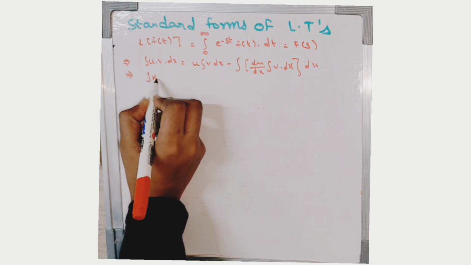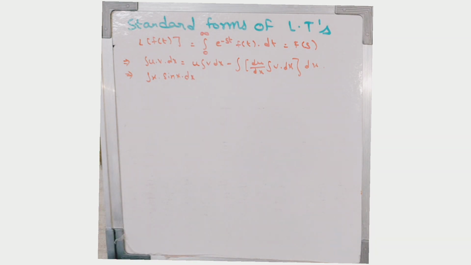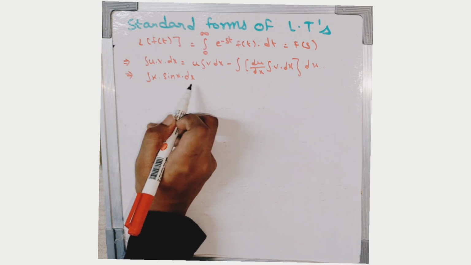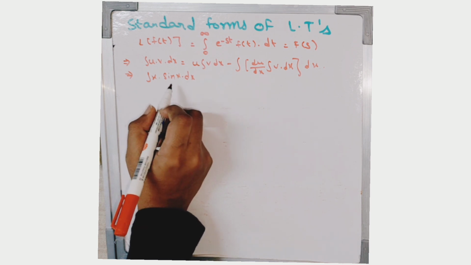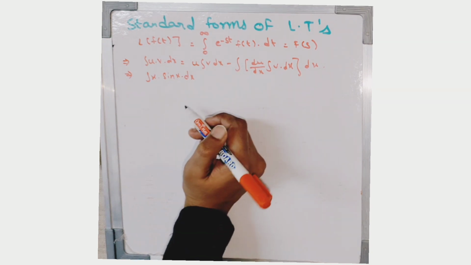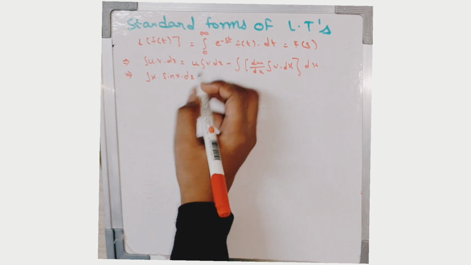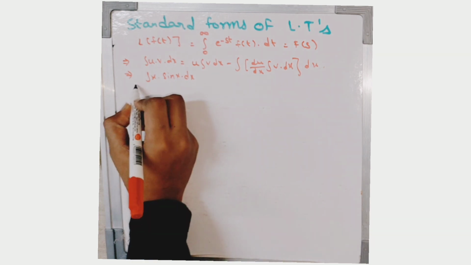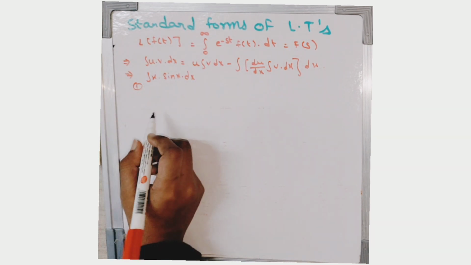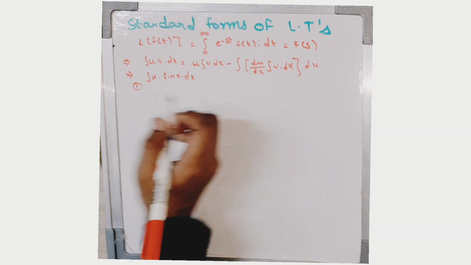For example, take x into sin x dx. This is in the form of u v dx, right? Instead of applying this formula, though you can if you want, here is one small trick. For the first step, select the term whose differentiation becomes constant easily.